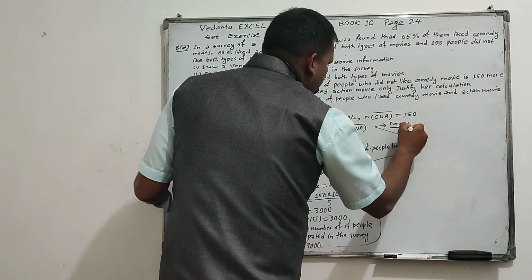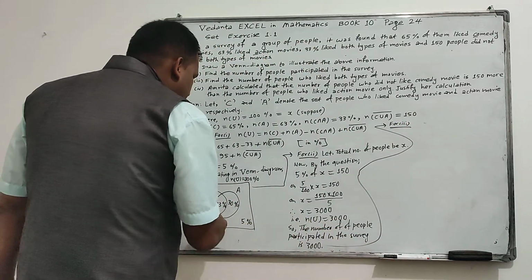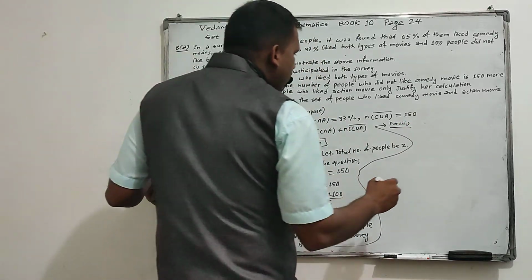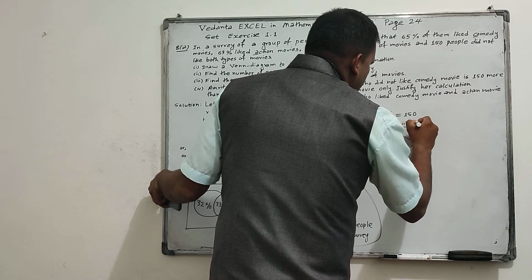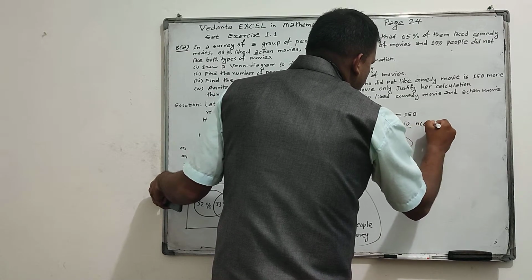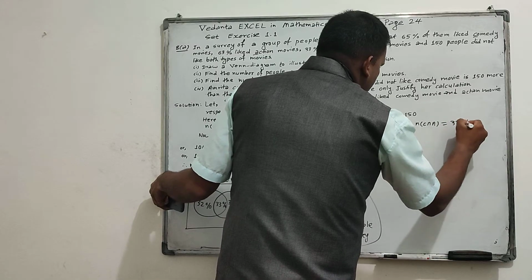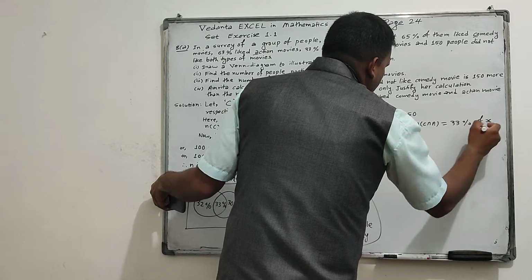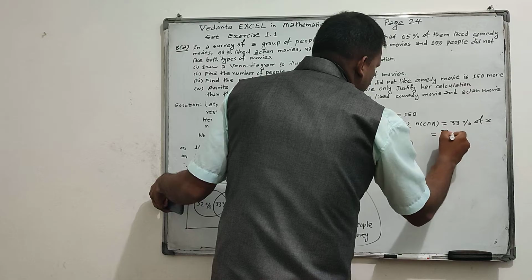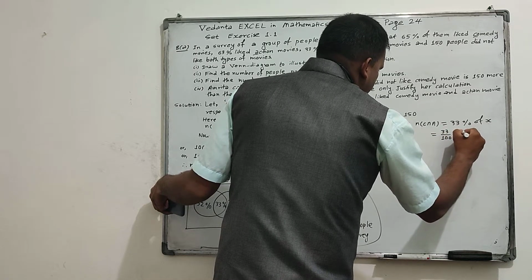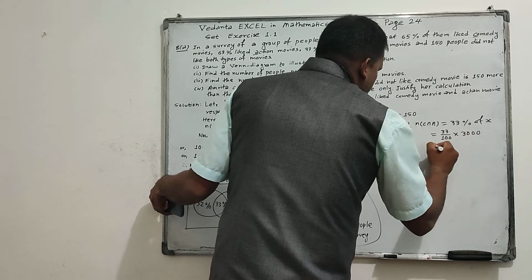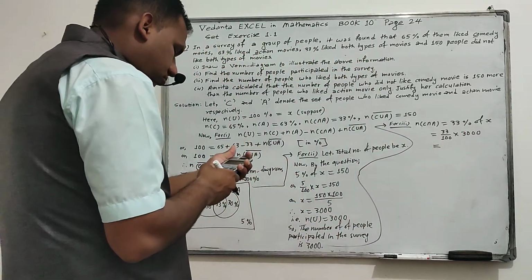For 3, who like both types of movies, that is 33%. n(C intersection A) equals 33% of total people X equals 33 by 100 multiplied with X, which is 3000.